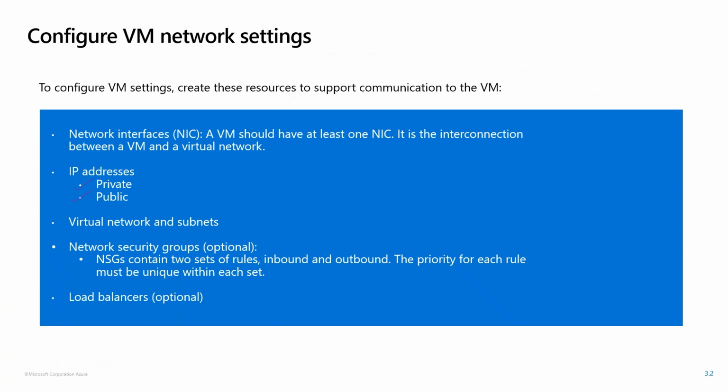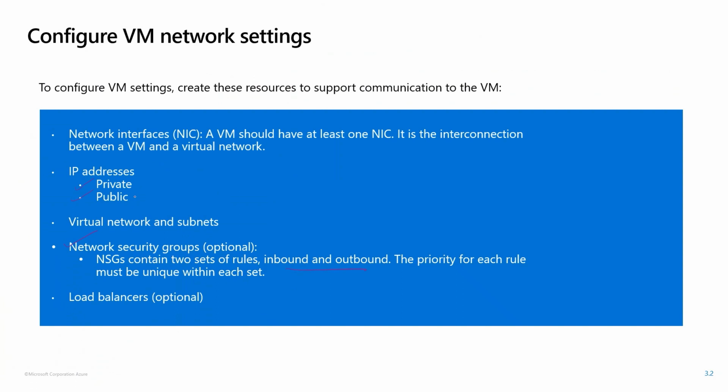Additionally, supporting communication for our virtual machines, we would need to determine our virtual network segments, our subnets. Optionally, we can add rules to restrict or allow inbound or external communication using NSGs. These are all optional.